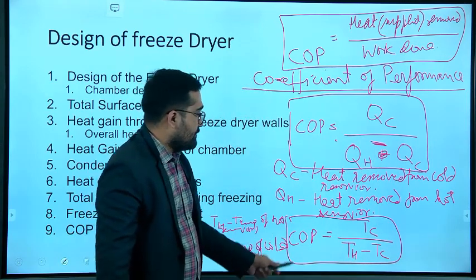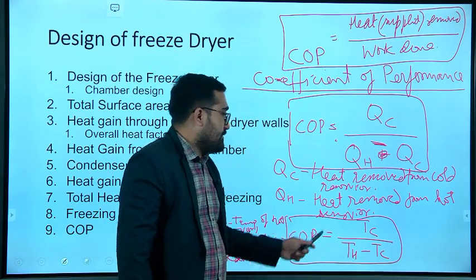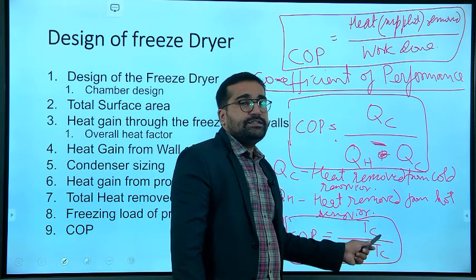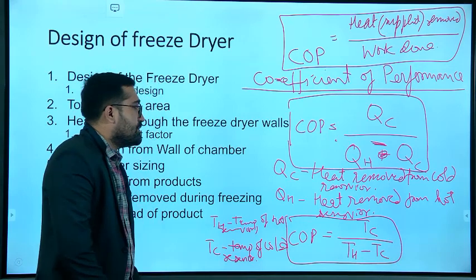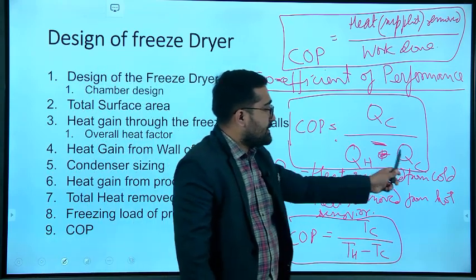And the third one was in terms of temperature, which is TC and TH. TC is the cold side reservoir temperature and TH is the hot side reservoir temperature, and the formula is TC divided by TH minus TC. Sorry, I made a mistake here.